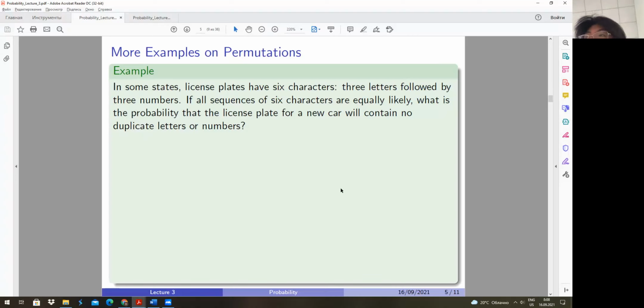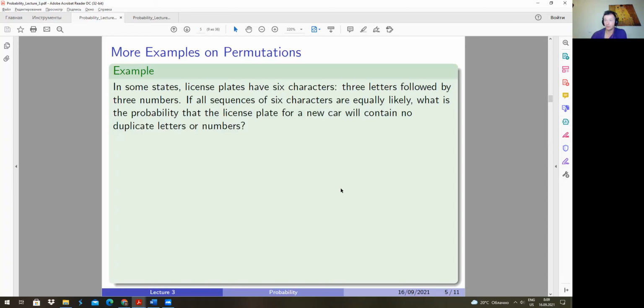Okay, 26 letters can be on the first place. Then on the second place we also have 26, and 26 for the third. We need 3 letters. Yes, it means that how many possible arrangements of these letters do we have? Oh, so yes, 26, then 25. No, letters can repeat. If we want to count the total number of license plates, letters can repeat.